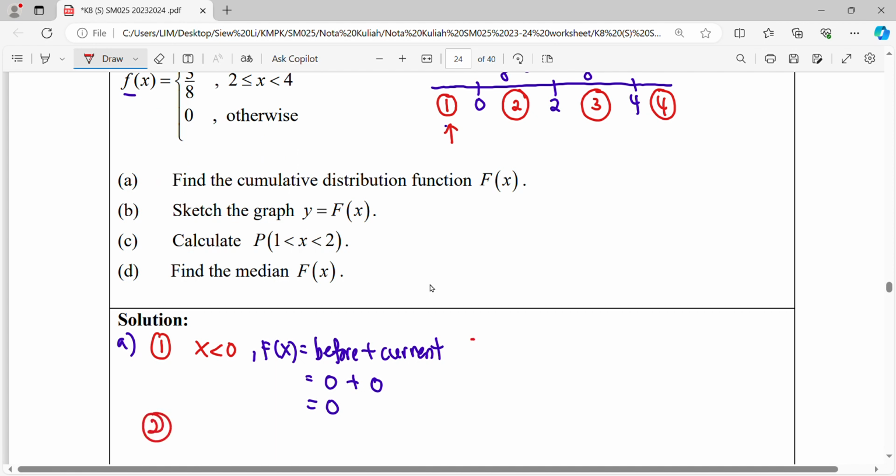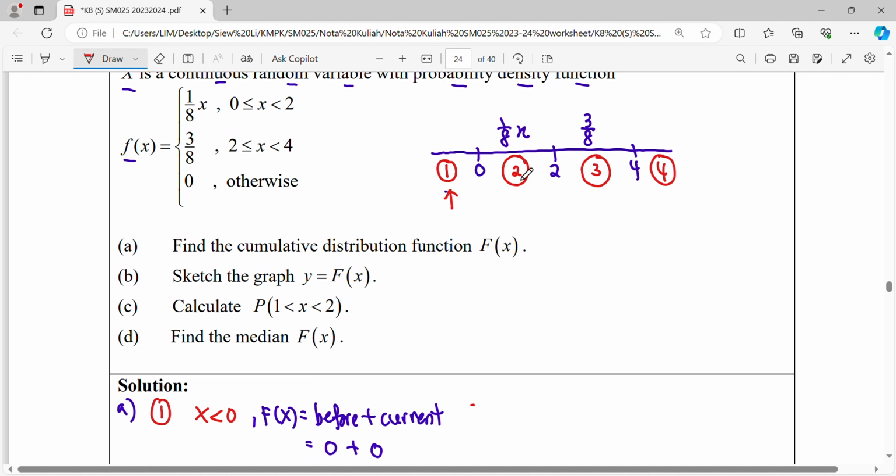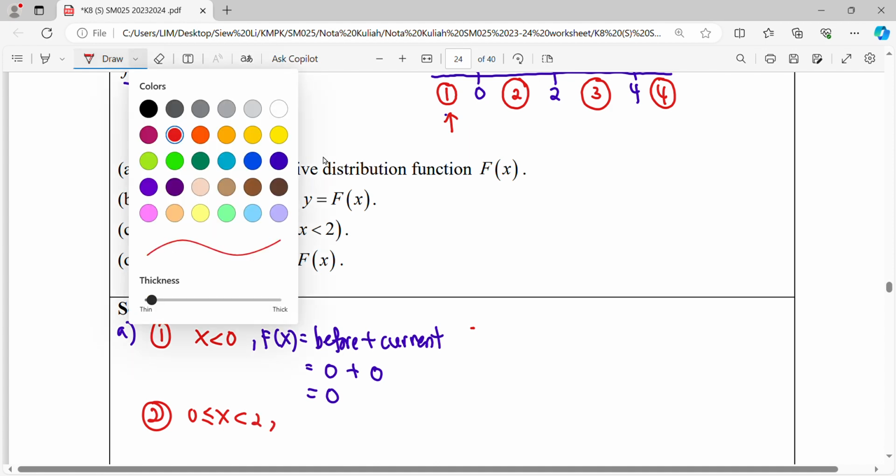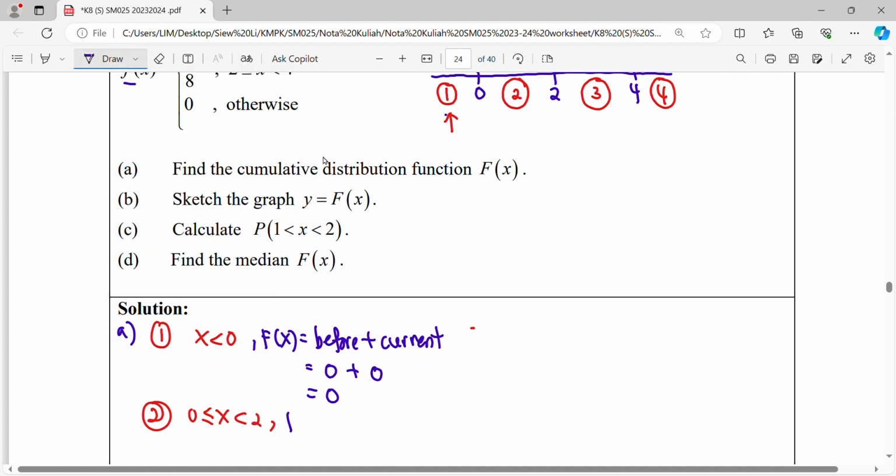When you come to the second step, the interval is between 0 and 2, which is x greater than or equal to 0 and x less than 2. To find the cumulative distribution function, we want to see before plus current interval.